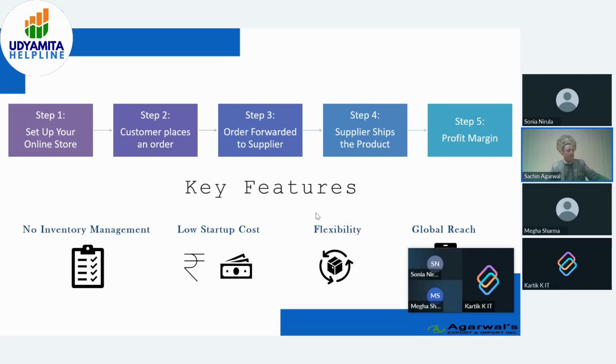Now, there's flexibility. Since dropshipping allows you to sell a wide range of products without being tied to physical stock, you don't hold the inventory. You can even change or update your product listings easily. That depends on the type of website or e-commerce platform you are using, or YouTube channels, Facebook or Instagram.